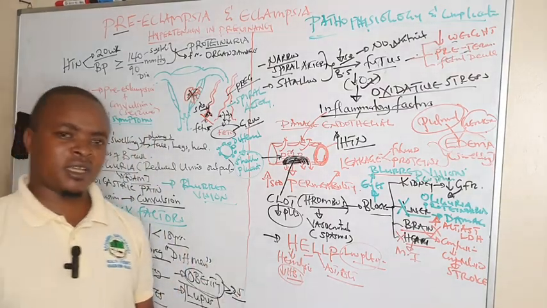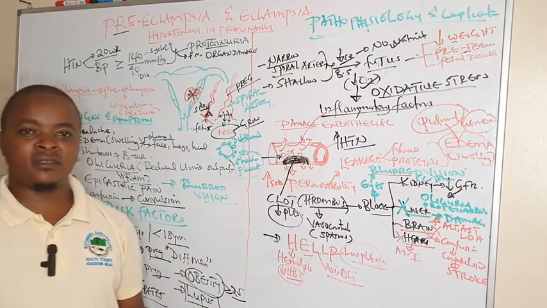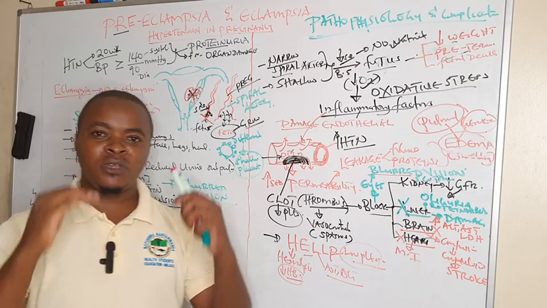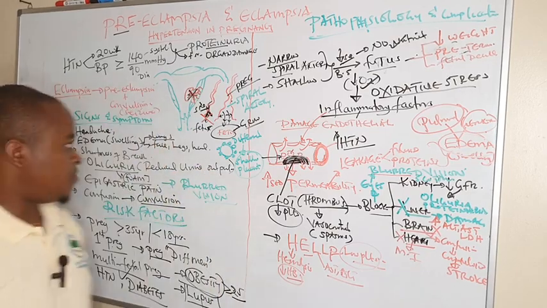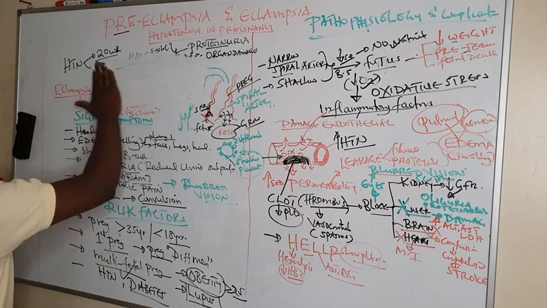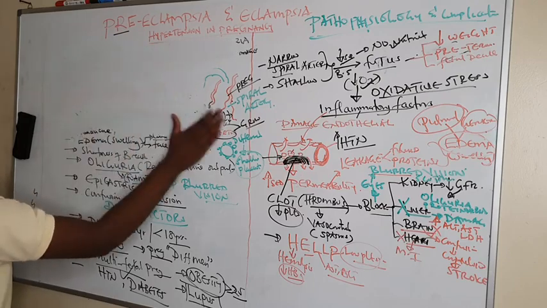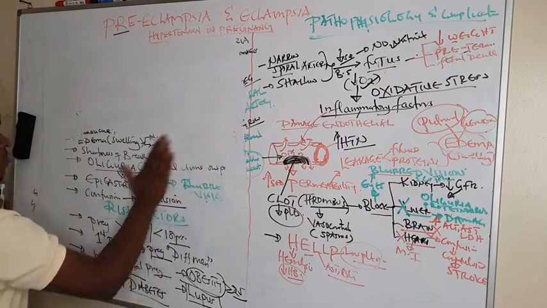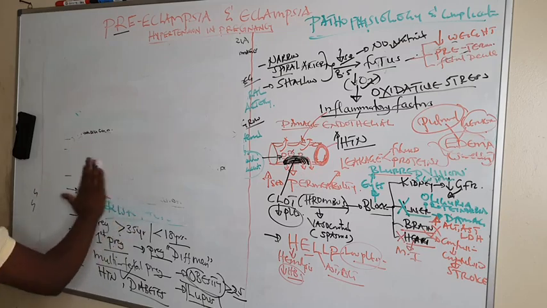So after looking at the signs and symptoms, the complications, the risk factors, now we need to see how we can diagnose this preeclampsia. And we're going to talk about the diagnosis and treatment.